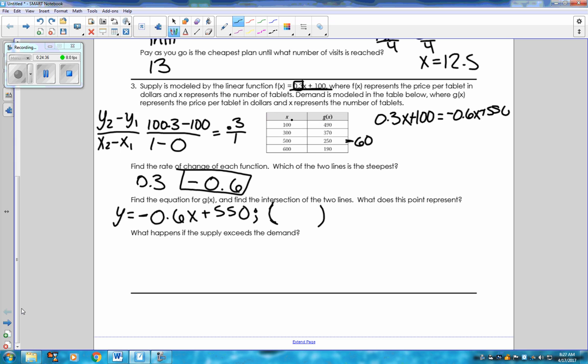So where do they intersect? Did you say the other point? What was it? 250?